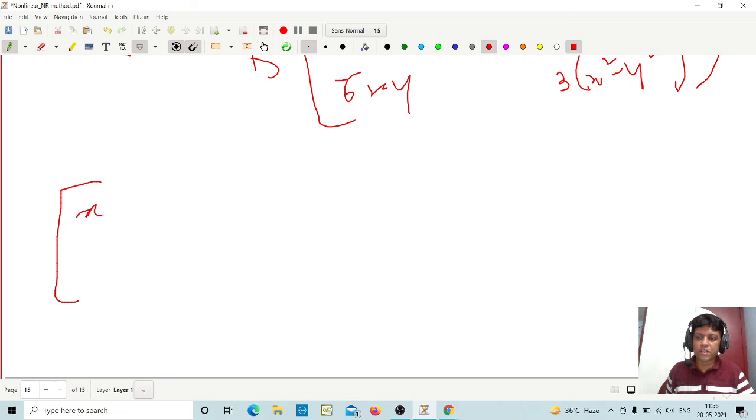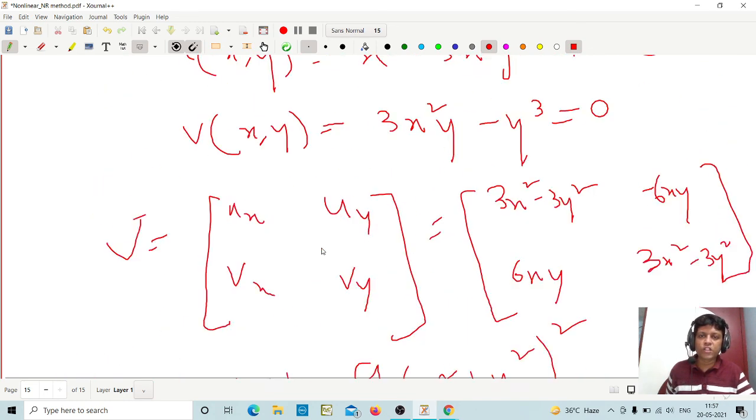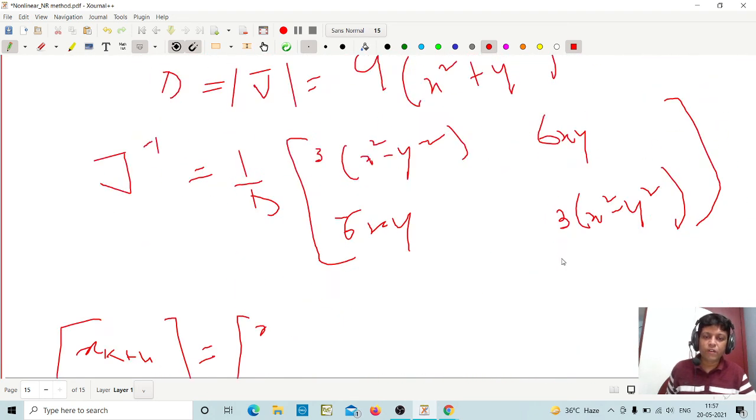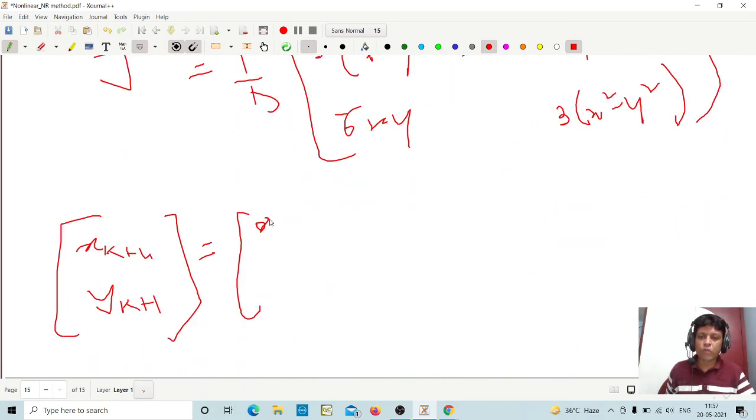The method is: x_{k+1}, y_{k+1} equal to x_k, y_k minus 1 by d_k times the inverse matrix, times the function itself, that is u(x,y), v(x,y). The initial approximation is given here, 0.25, 0.25. So instead of x_k, y_k you have 0.25, 0.25.